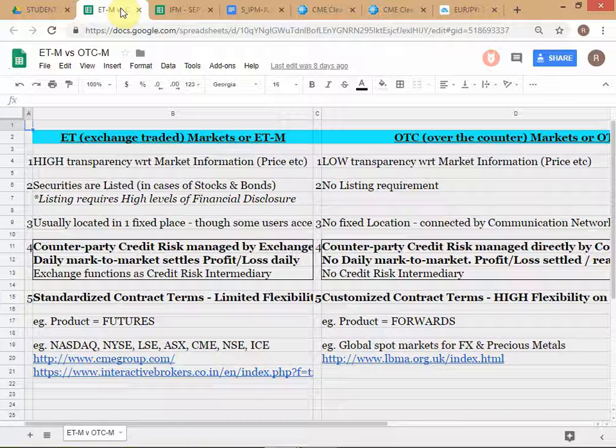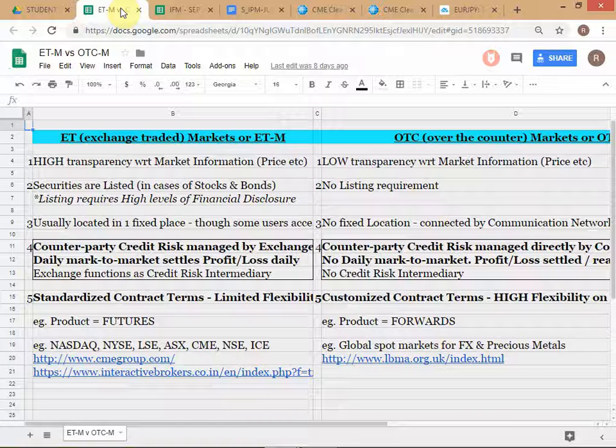Is this point clear? To summarize quickly what I discussed so far: the more customized the OTC contracts, the more difficult it becomes to blur the distinction on point number 4. Is everyone clear about this? Yes, sir. Okay? Alright, so this is the point.